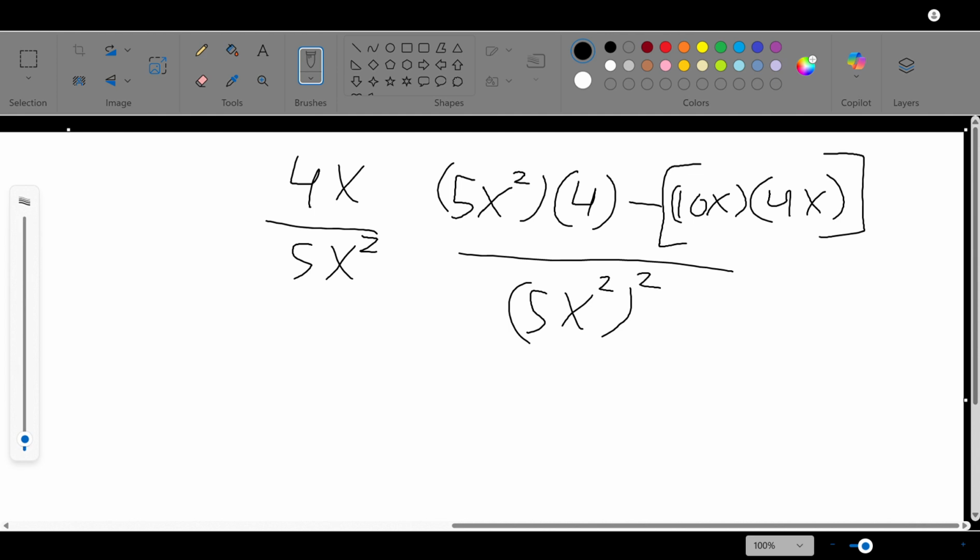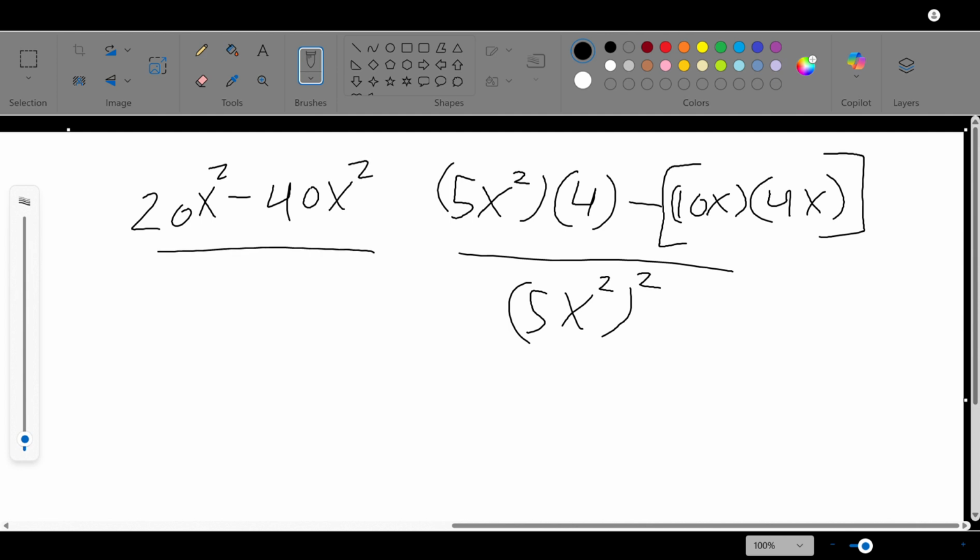squared. Now here you can simplify, but most will just leave it there. If you want, you can simplify. So it would be 20x squared minus 40x squared divided by 5x to the fourth power.